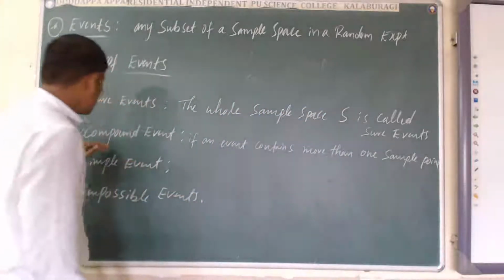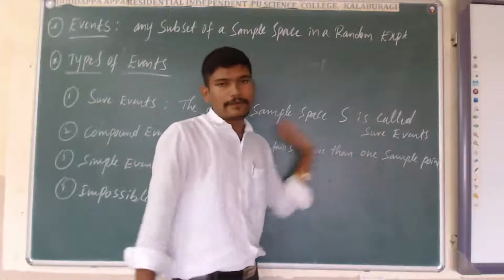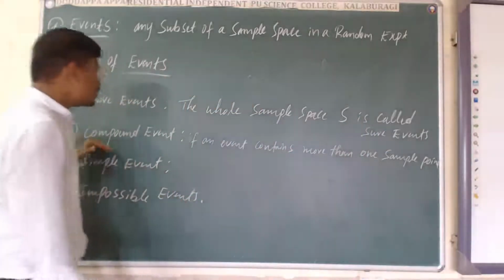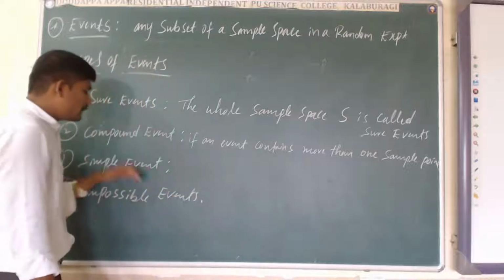What is the definition of a compound event? If an event contains more than one sample point, it is called a compound event.